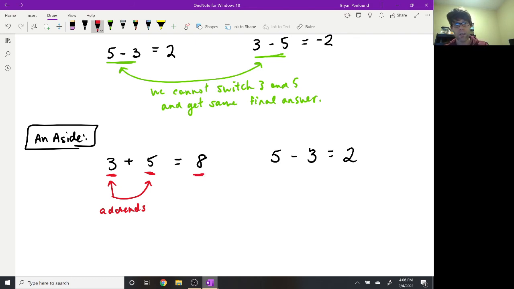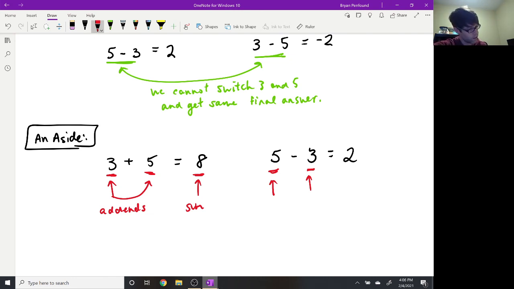And of course, you've heard me say this number over here is called the sum of 3 and 5. Okay, so our final answer, sometimes you'll hear it called the sum. When it comes to subtraction, order is important. So each of these numbers over here actually has a different name attached to it. And I want to make sure that I'm going to give you the right names here.